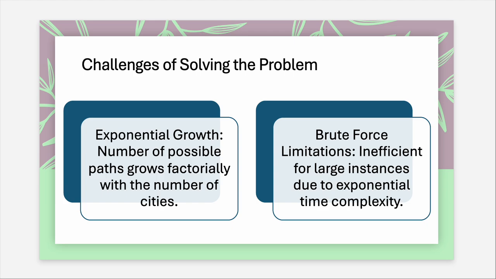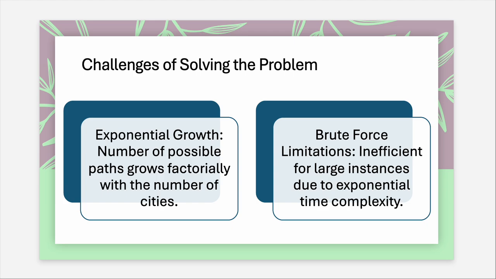The primary challenge of solving the Hamiltonian path problem lies in the exponential growth of possible solutions as the number of cities increases. For instance, with just 20 cities, there are 20 factorial possible paths, over 2.4 quintillion combinations. Evaluating each path one by one is impractical with this level of complexity.